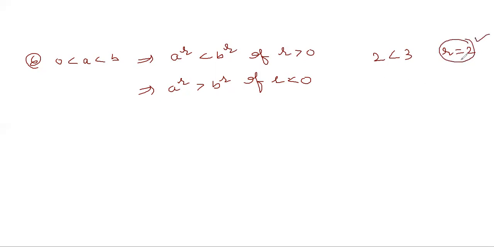I am going to raise the power: 2 square and 3 square. 2 square is 4 and 3 square is 9. So 4 is less than 9. That means if R is positive, the inequality will not change. The same inequality will be there.